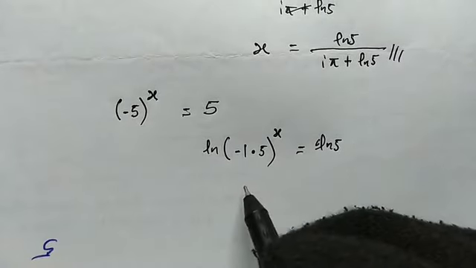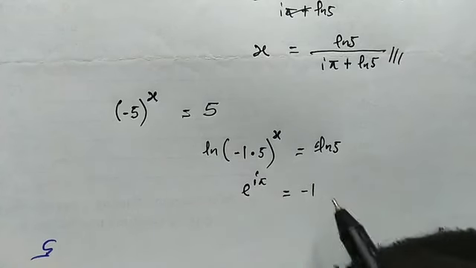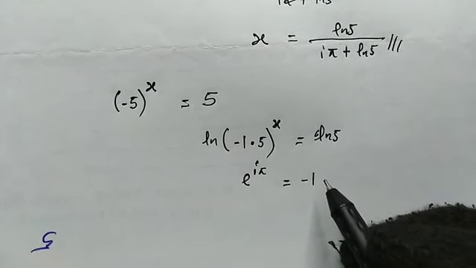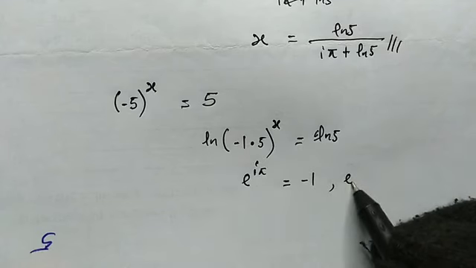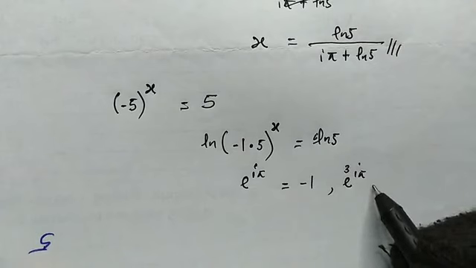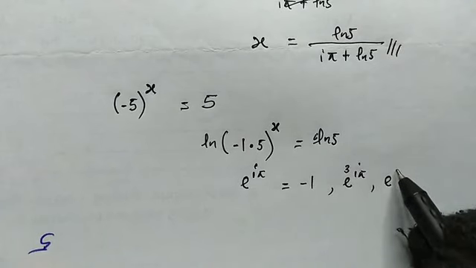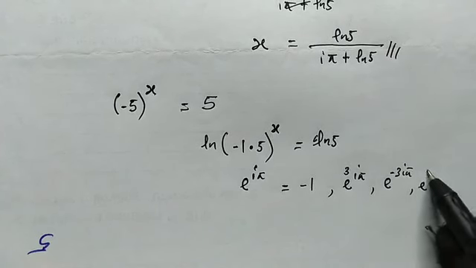Okay, now if e to the power of i pi is equal to negative 1, we can see that this is also true for e to the power of 3i pi. Also e to the power of negative 3i pi, e to the power of 5i pi.